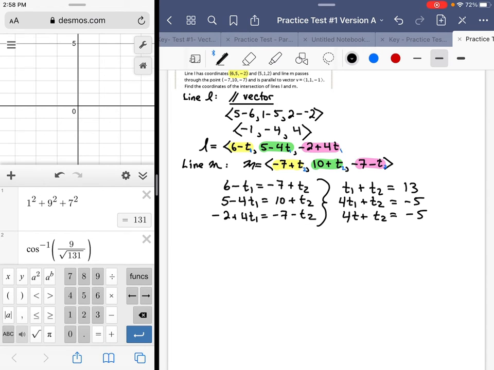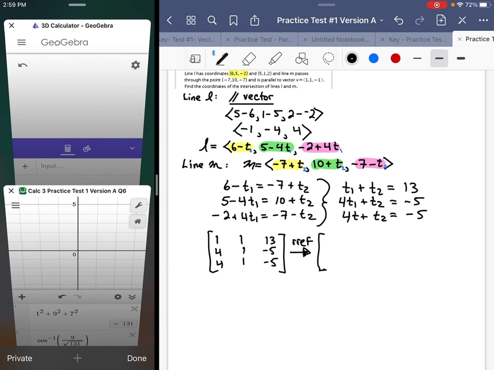So anyway, the coefficient matrix, 1, 1, 1, 4, 1, 1, and then augmenting with the solution values, 13, negative 5, negative 5, which I'm going to RREF to get the simplified form.